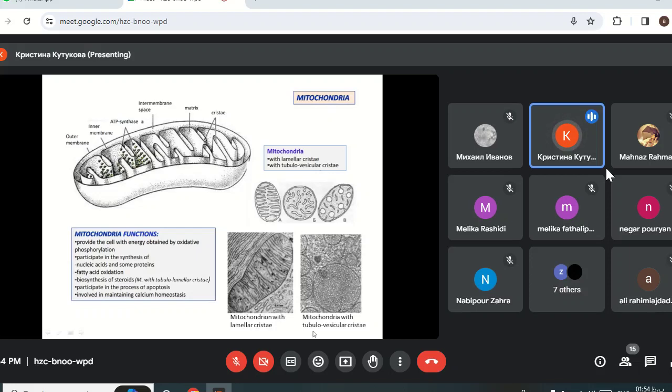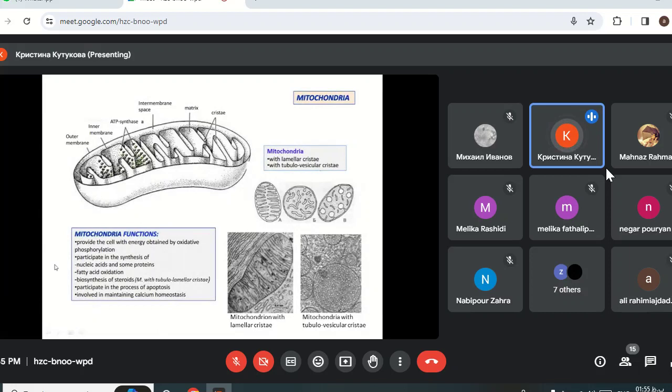The feature of this second type is that it can be present only in those cells which produce steroid hormones, such as the cells which produce, for example, testosterone and estrogen hormones, sex hormones, which are all steroids in their chemical nature. So the cells which produce these hormones have these very specific mitochondria with tubular vesicular cristae. And all the cells of our body contain the first type, mitochondrion with lamellar cristae.